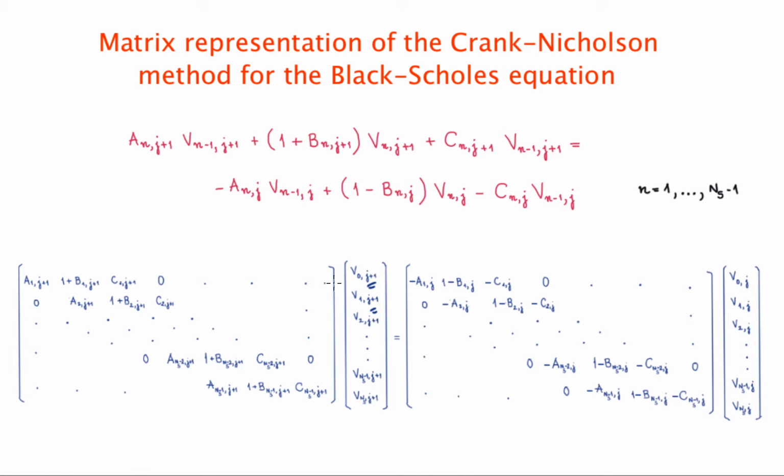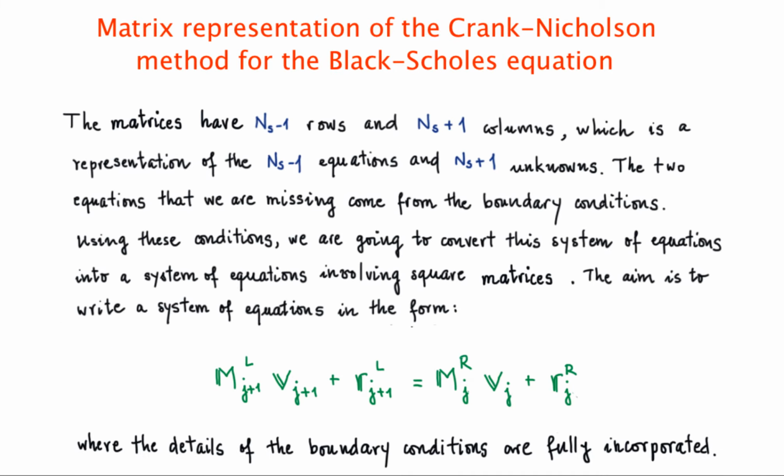The thing is that we have to do the same thing both on the left-hand side and on the right-hand side. So here we have matrices with Ns minus 1 rows and Ns plus 1 columns, which represent these Ns minus 1 equations, but we know that we have Ns plus 1 unknowns.